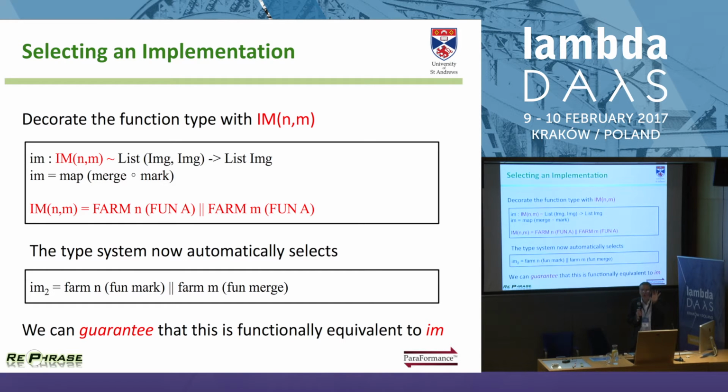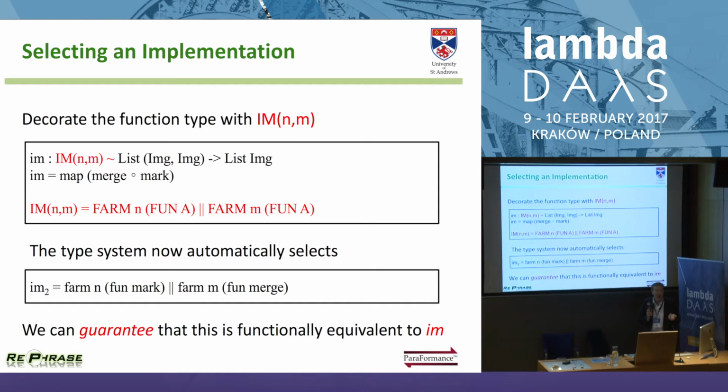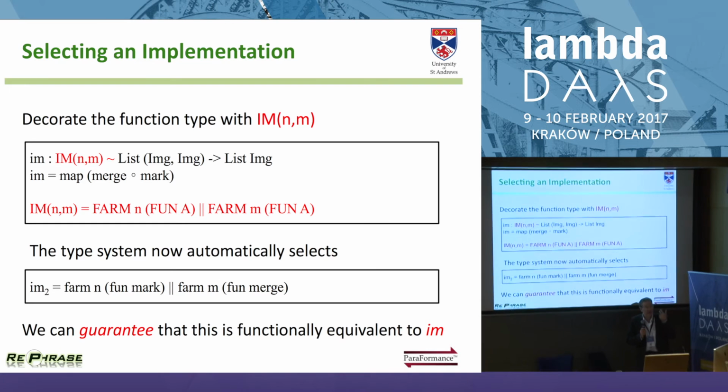So I've got my image merge function, and what I want to do is to parallelize it. Well, how am I going to do that? What I'm going to do is decorate the function type with some blurb, IMNM, some caveat, and that's going to tell me a bit about the parallelization.